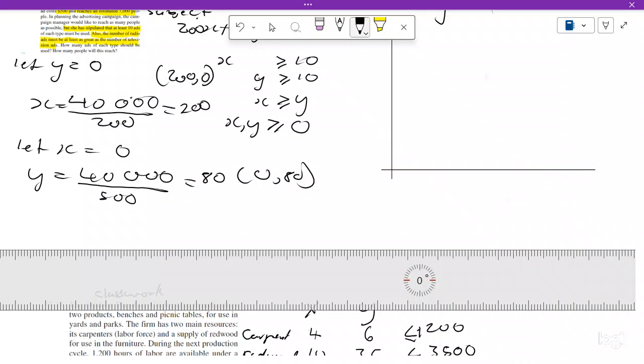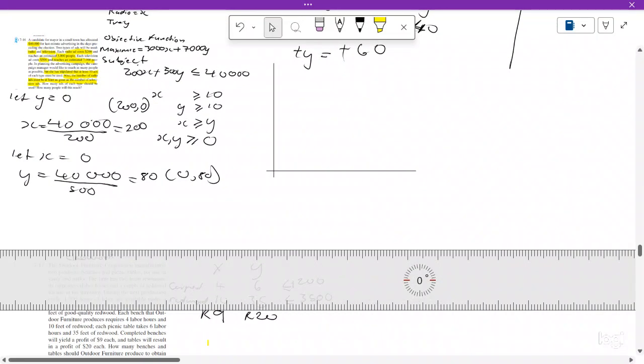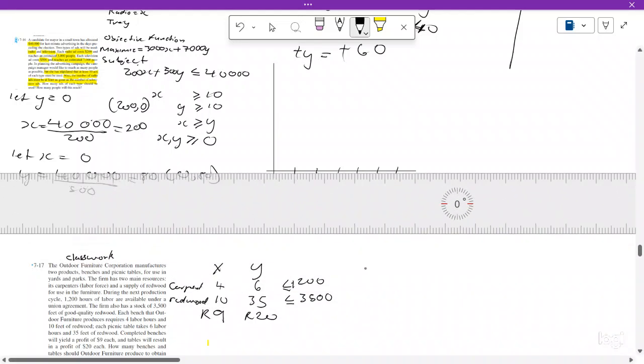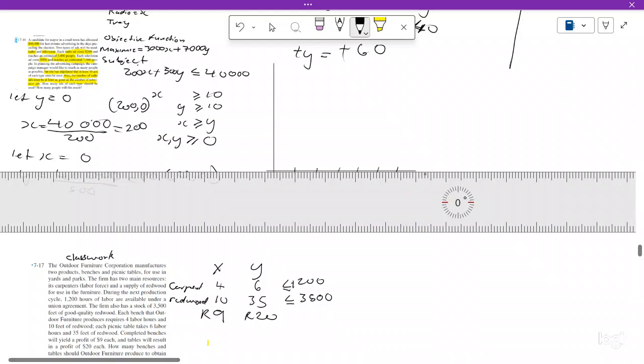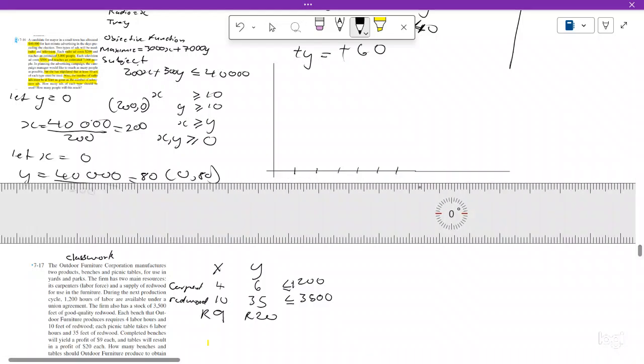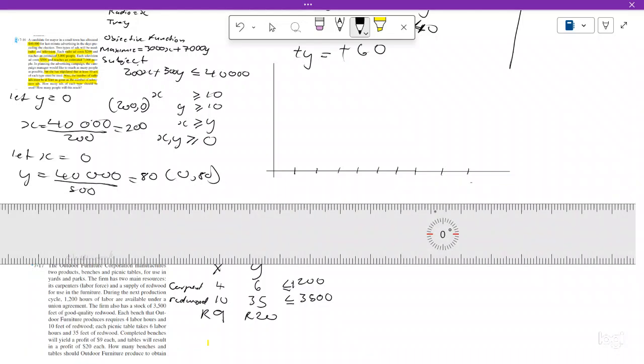Okay? So now, before we go there, we look at your x. x must go all the way to 200, ne? So obviously it will require us to have a long line, so you can use maybe the 20. So 20, 40, 60, 80, 100, 120, 140, 160, 180, and 200.